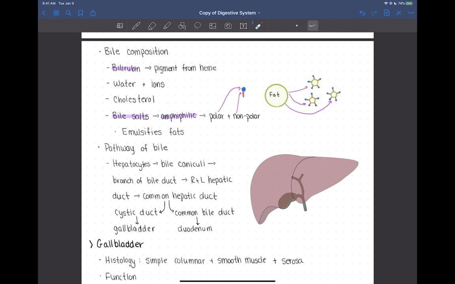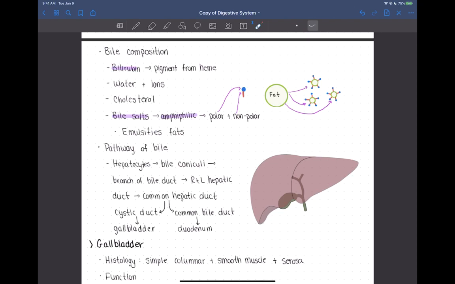These bile salts help them to dissolve in that fluid so they can be transported. They face their nonpolar part, which likes those fats, towards the fat, and they leave the polar part out facing the watery environment. By doing that, they put like a force field around those fats and protect them and allow them to move through that watery environment.